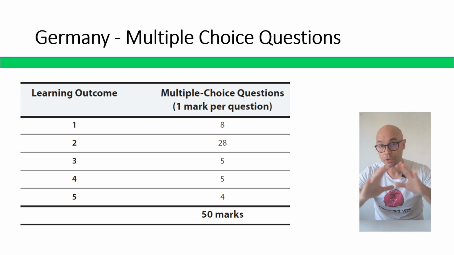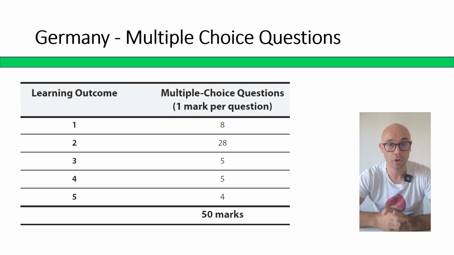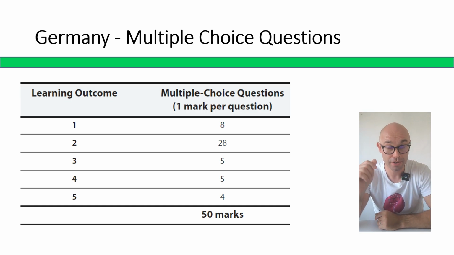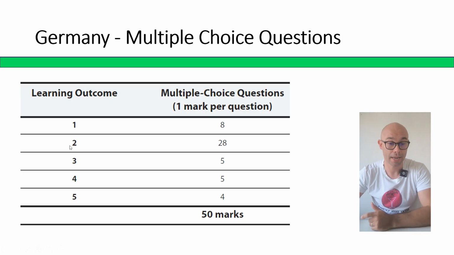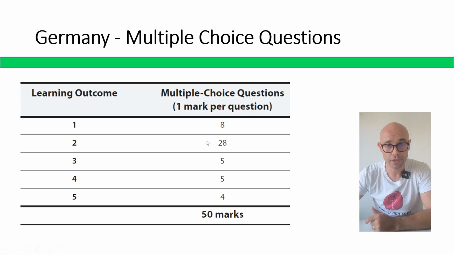So this series, where we're answering multiple choice questions on specific wine regions and countries, is part of your learning outcome number 2 in your WSET Level 3 in wines exam, where you're going to have 28 questions to answer on your multiple choice part of the exam.